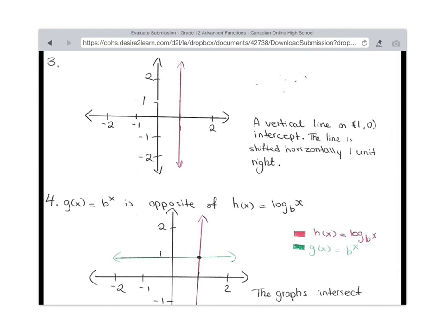With question B, if B is equal to 1, we'll have the horizontal line at y equals 1 for g of x. The log function can't exist when the base is 1. And so we won't have a point of intersection between those two graphs.